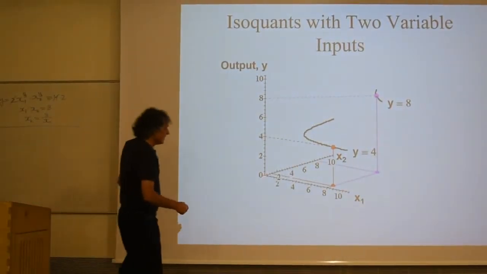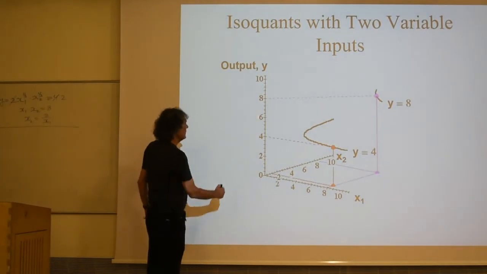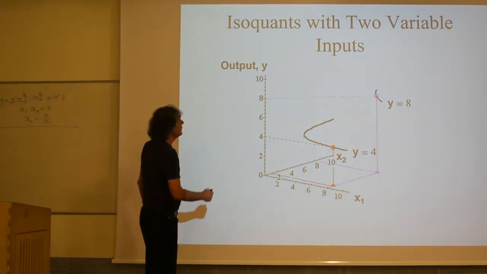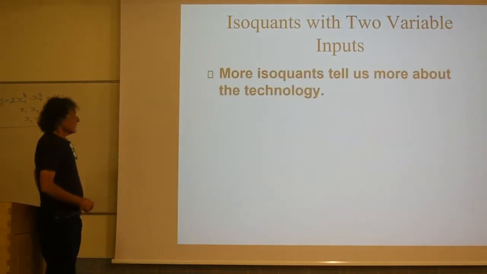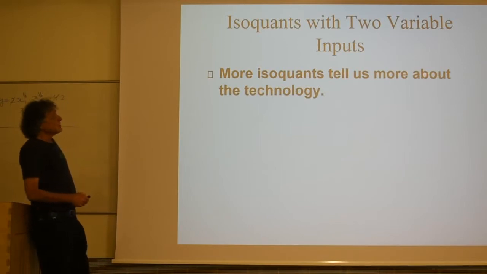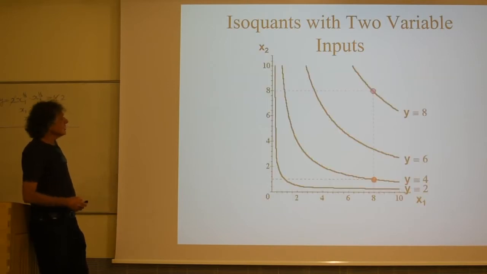So I describe it in a three-dimensional way where the vertical one is the total number of units of output. So this is higher than this, etc. More isoquants tell us more about the technology. If I get all the isoquants, I know exactly the technology.